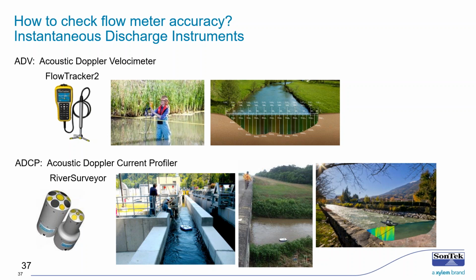I show a couple different options for the acoustic instruments that are out there. You can also use the old-fashioned propeller kind of meters as well. So the top, for example, is an instrument called the SonTek FlowTracker, and it's an acoustic probe that you just put in the water. Both of these require a person to operate them.